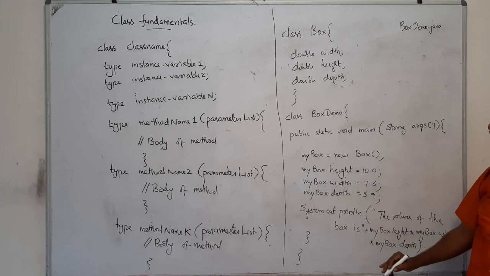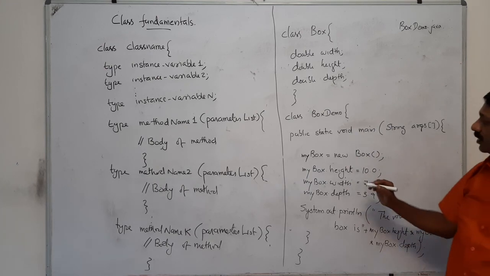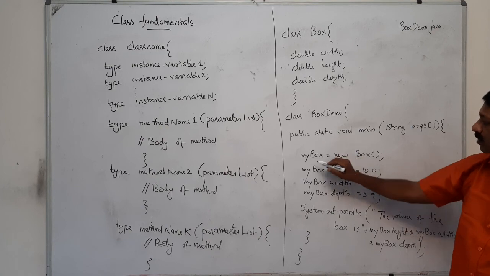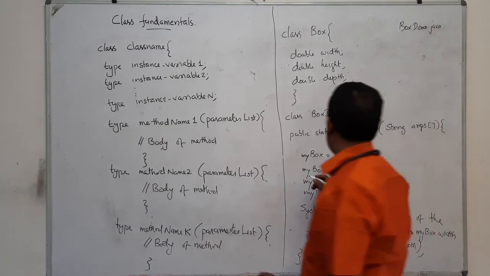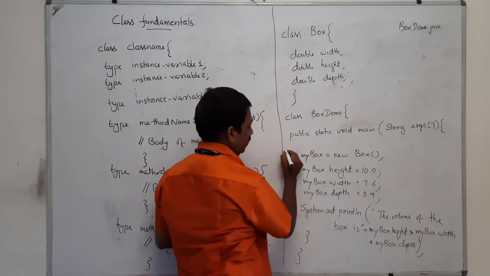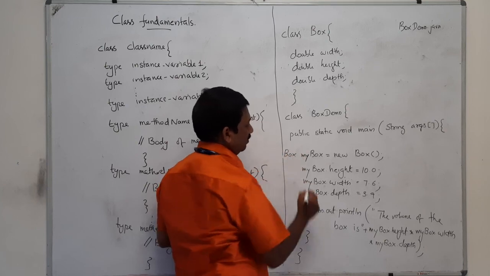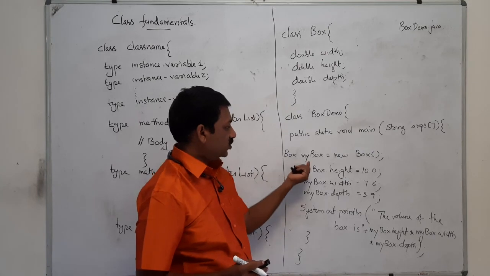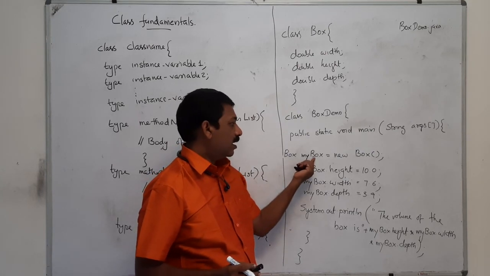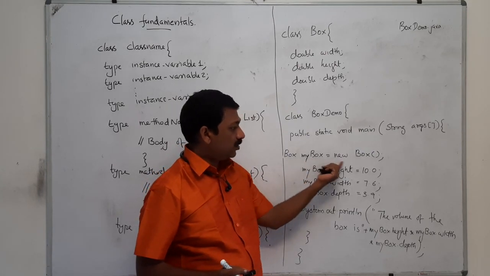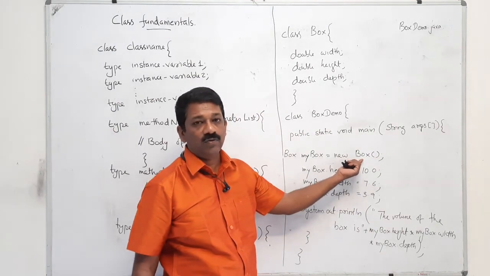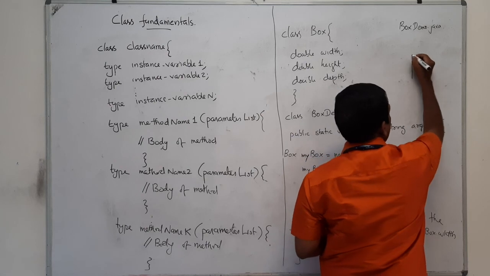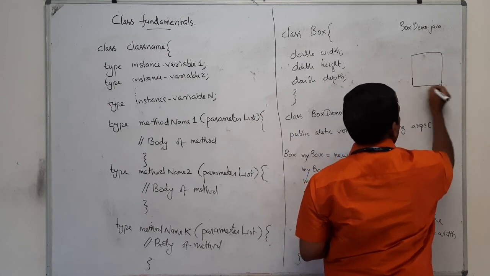And in this boxdemo.java, initially what I'm going to do is my box equal to box. Here instead of this you should have box my box equal to new box. That means a reference of type box called my box is created, and that is pointed to a box object.